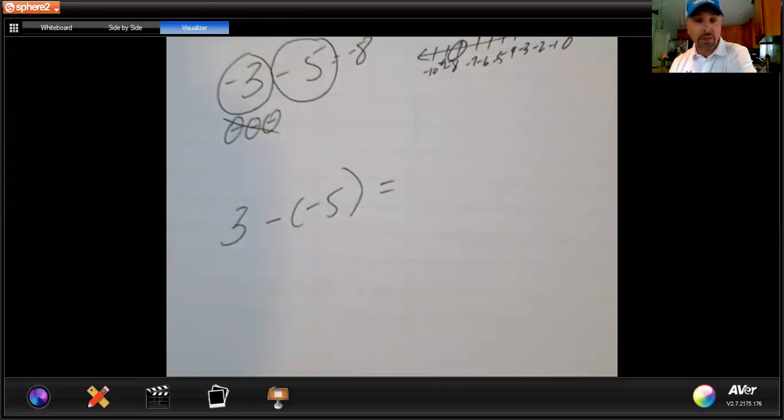Okay, so 3 minus -5 is the problem. And I'm going to tell you the answer to this is +8. Okay. The chips really don't work on this type of problem. We could think about the number line.